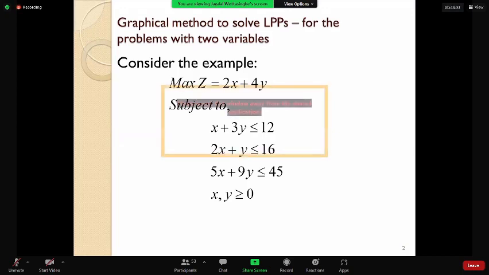Therefore, that is not a possible solution. So our solution must satisfy all three constraints. That is the meaning. That is why we indicate these constraints, and we say subject to these constraints. Subject to constraints means our solution should satisfy all these constraints.